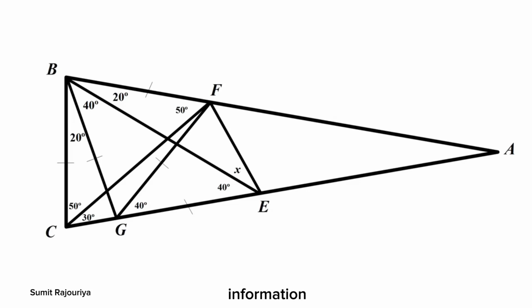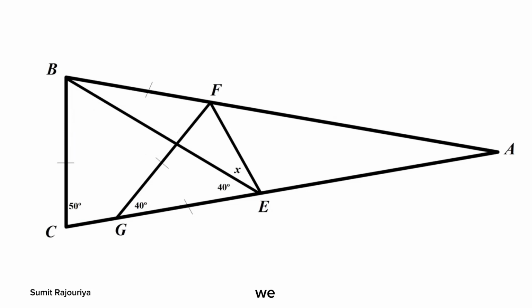I'm going to remove information that we don't need for this final calculation. This way we can focus on the triangle that we do want to consider, where we can figure out the value of x. So in this final triangle here, we know that all of the angles sum up to 180 degrees. But there's also something else we know about the triangle, is that two of its sides, GE and GF, are equal to each other.